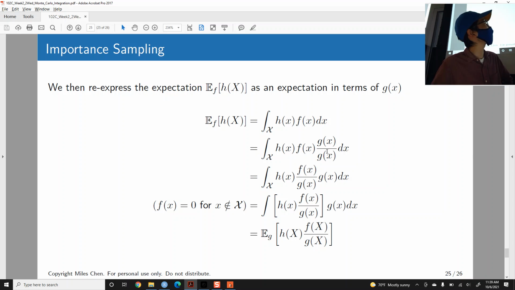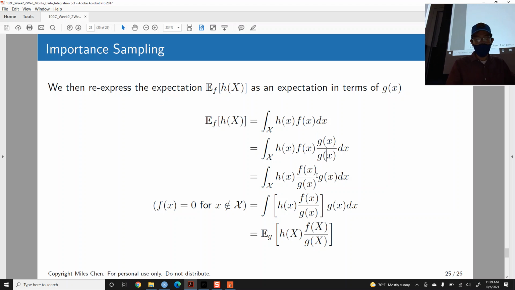This is under the assumption that g of x is never 0 whenever f of x is greater than 0, in the support of x, otherwise this will break down. So I'm just going to multiply by g of x over g of x. I'm allowed to do that.